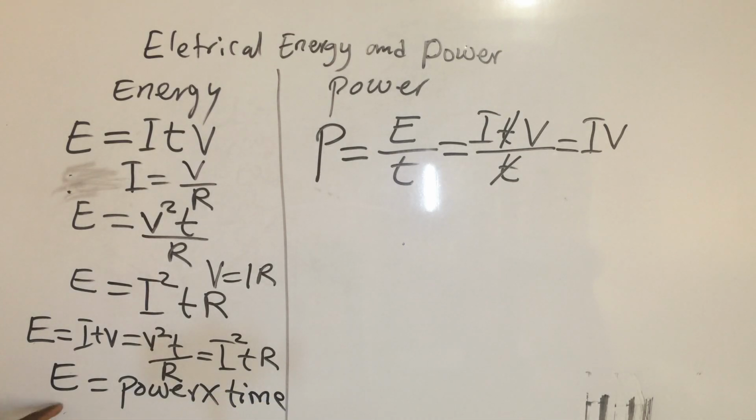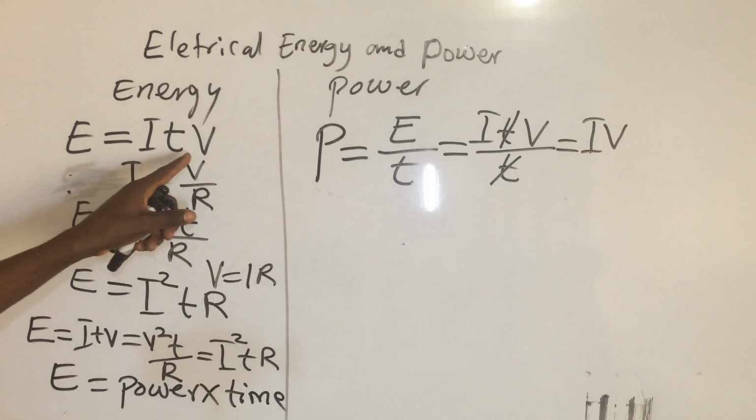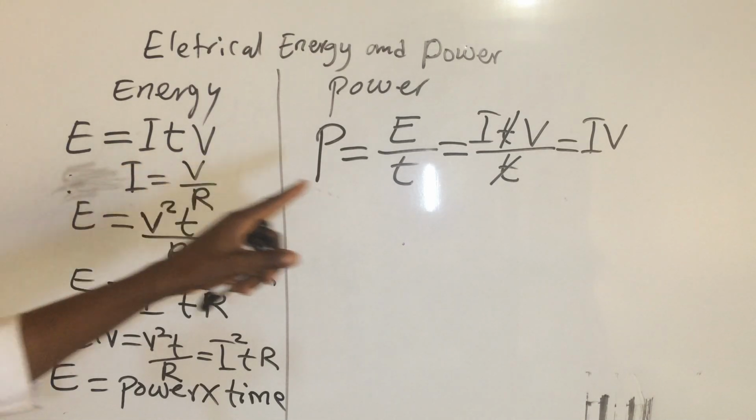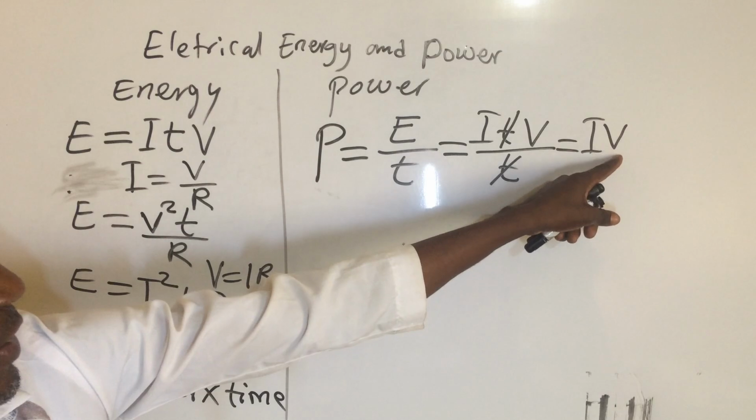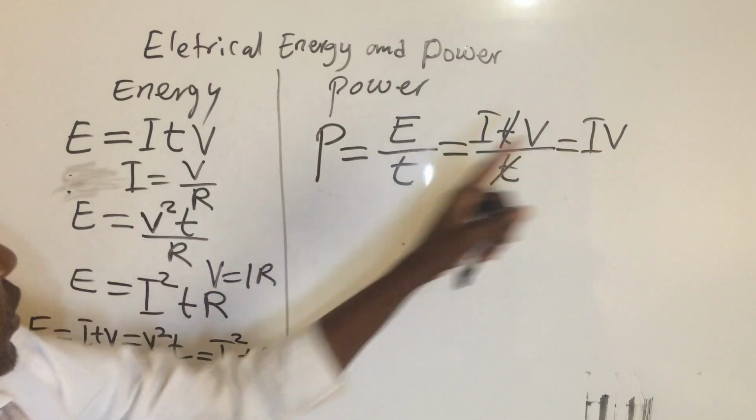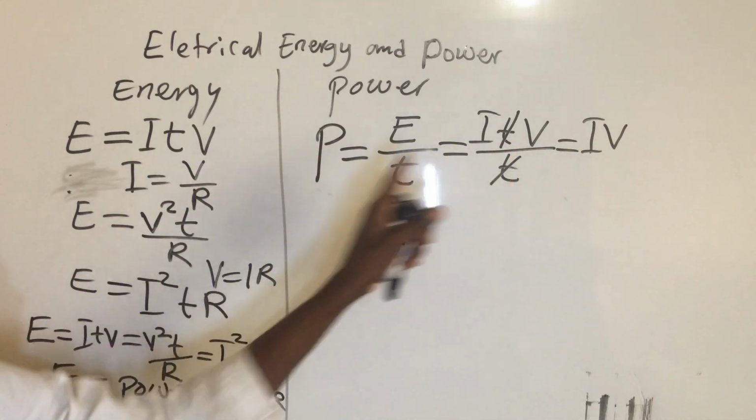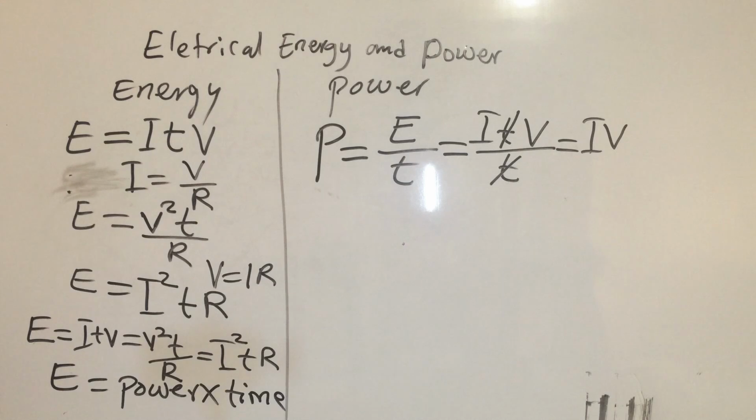We can calculate electrical energy by saying power times time gives us electrical energy, considering IV. That is also here, current times voltage, the same current times voltage. We remove it and put power. Okay?